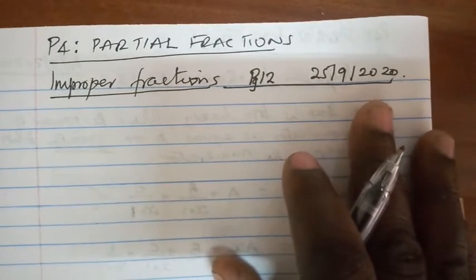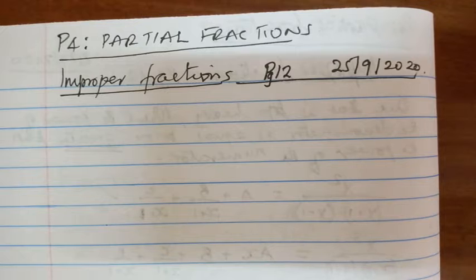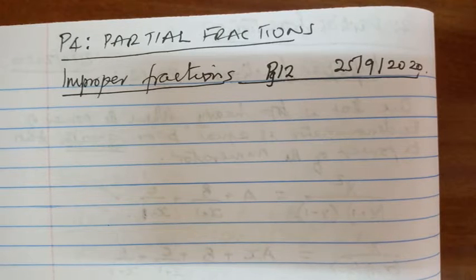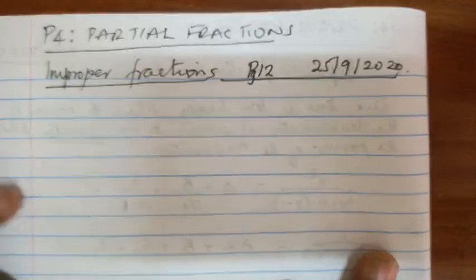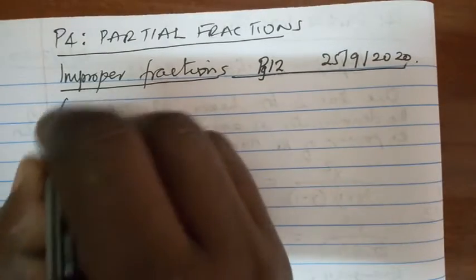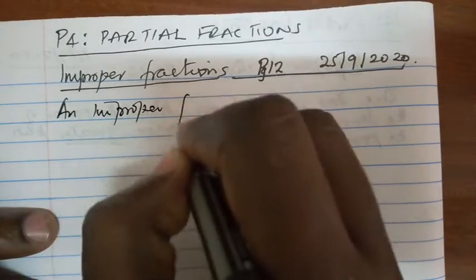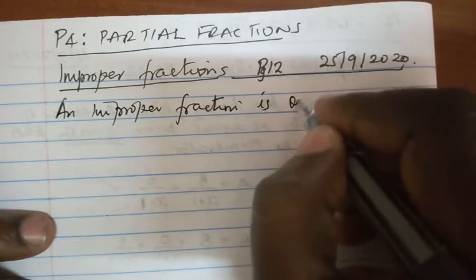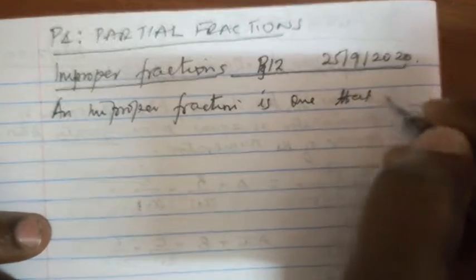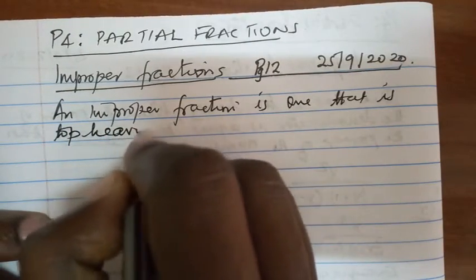If you read the bold statement on top there, an improper fraction is one that is top heavy.